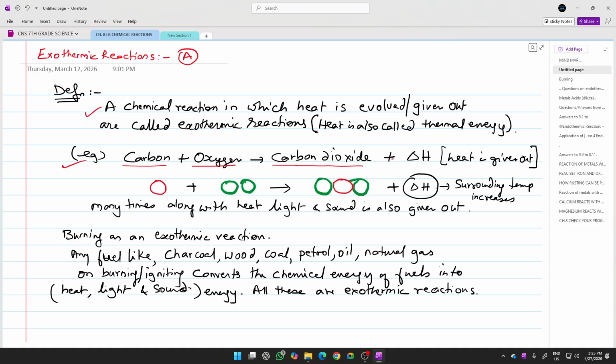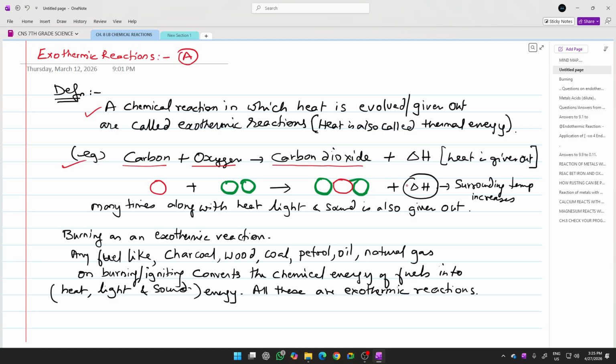If it is minus delta H, it means heat energy is absorbed. So remember that plus delta H means heat is given out and minus delta H means heat is taken in by the chemical reaction. In this particular reaction, I have written plus delta H, which means the heat is given out.